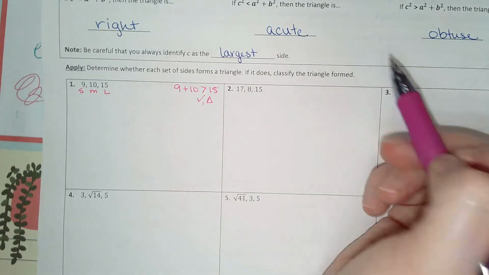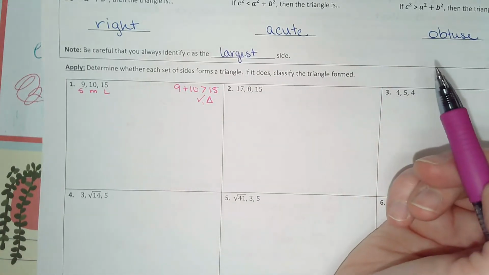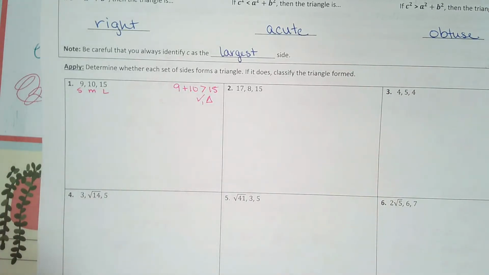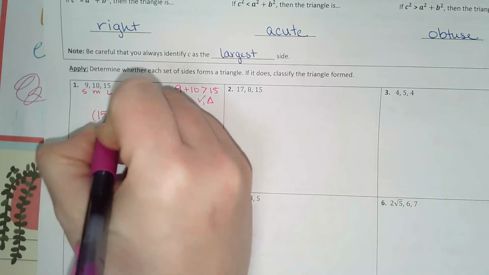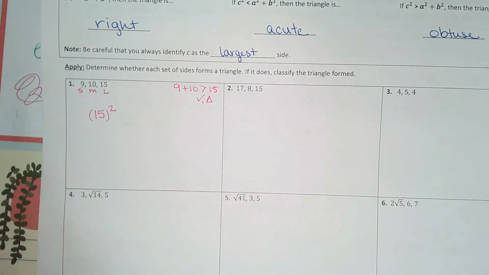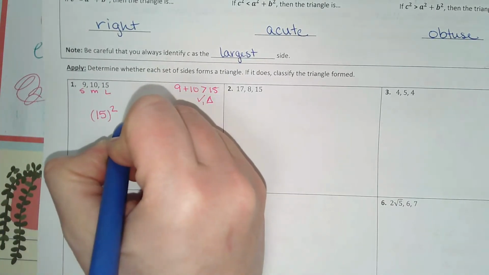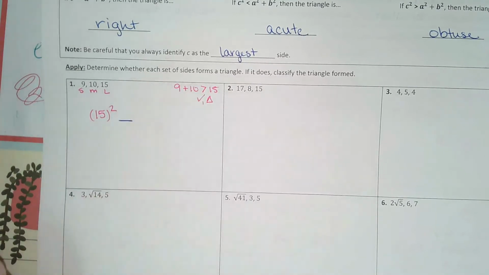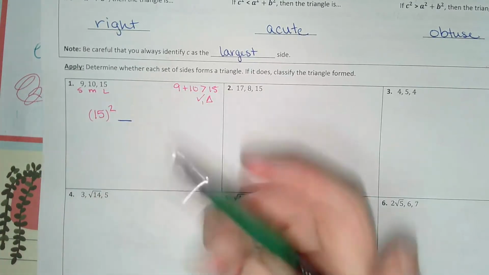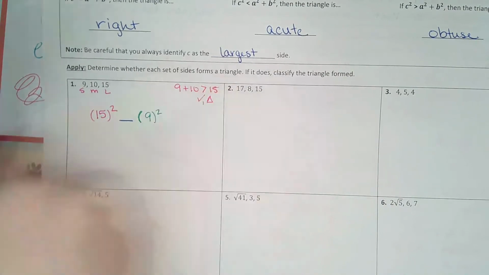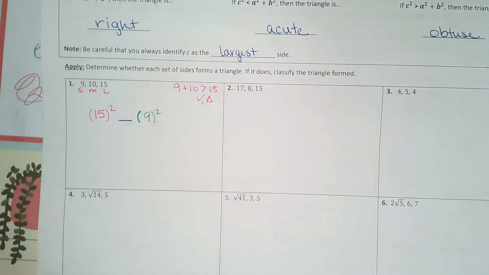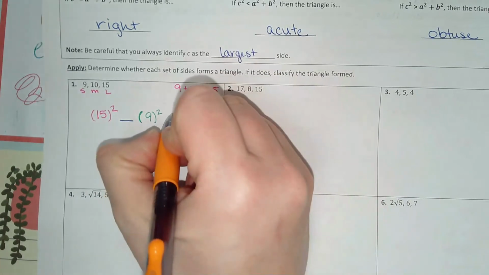If it's not a triangle, I can't classify it. So with that, my largest side is 15, so I'm going to go 15 squared. My question is, what is that compared to my other sides? So I have 9 squared and 10 squared.